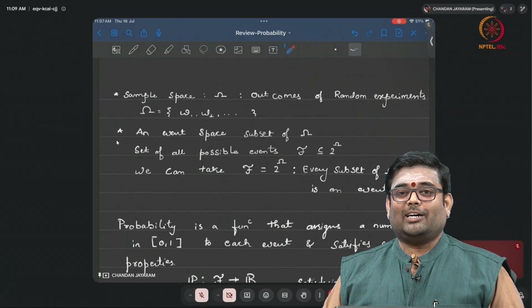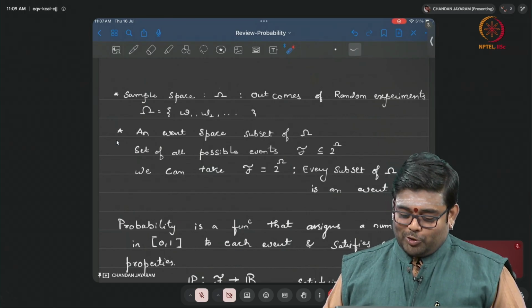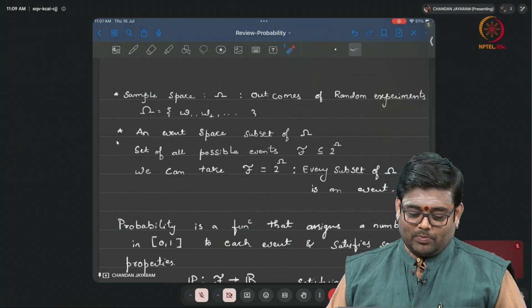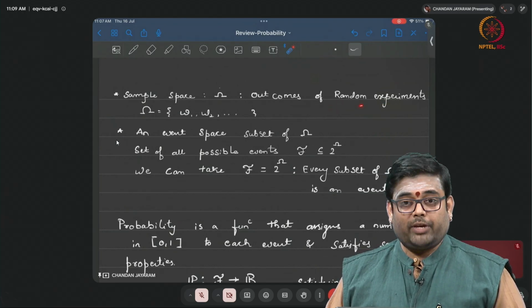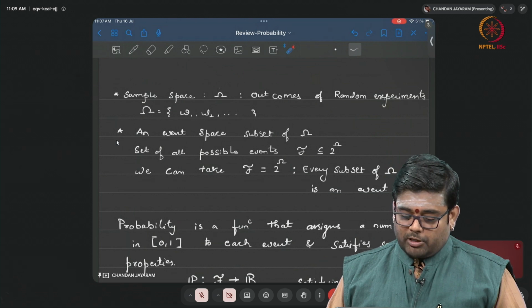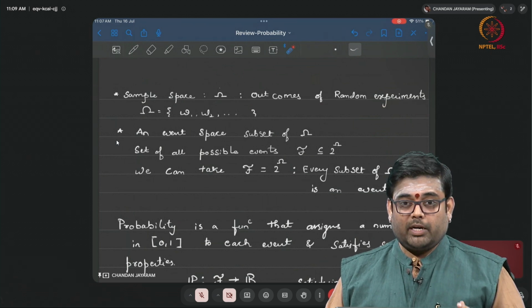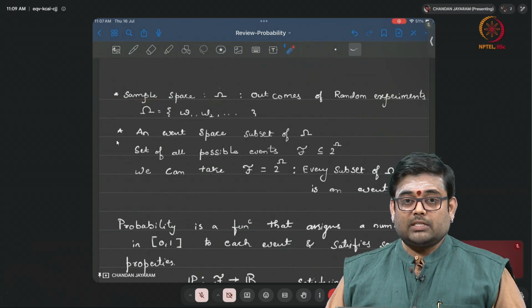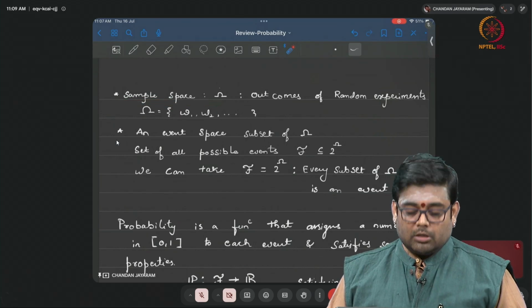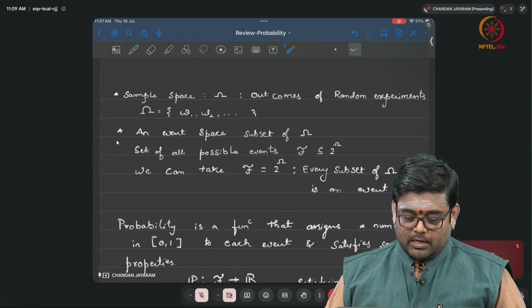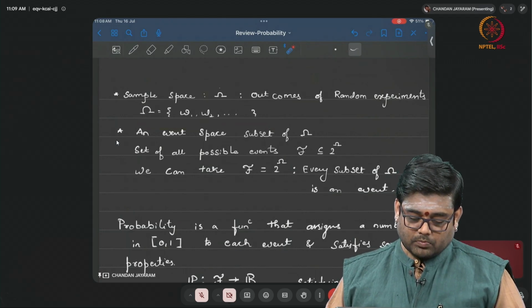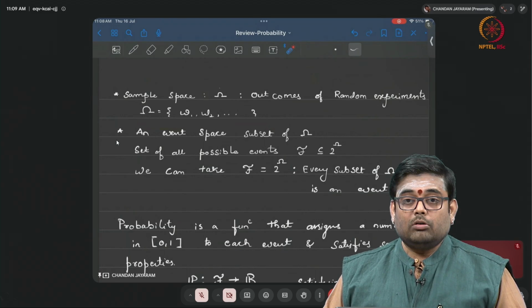The first thing is, you should be comfortable with the idea of a random experiment. We perform these random experiments, and the outcomes of random experiments we put together is what we call the sample space, which is represented by omega.